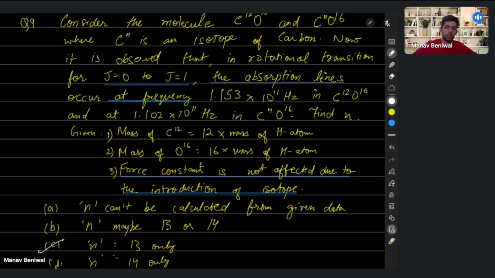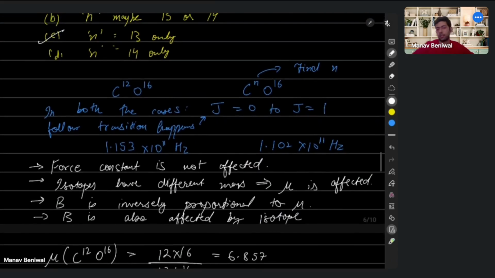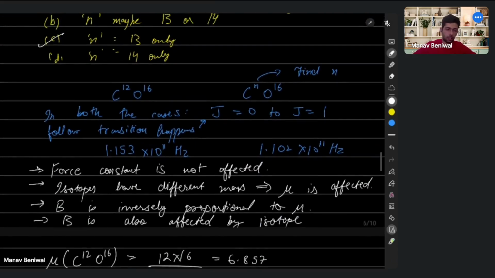For the known sample C12, the frequency is 1.153, but for the isotope we see that the frequency has slightly reduced. So then we make note of all the observations: we are given two molecules, the transition is happening from j is 0 to j is 1, and we have written the frequencies.